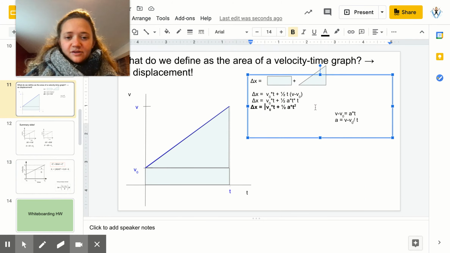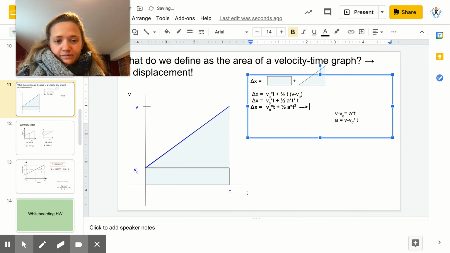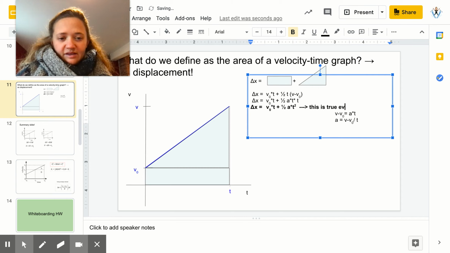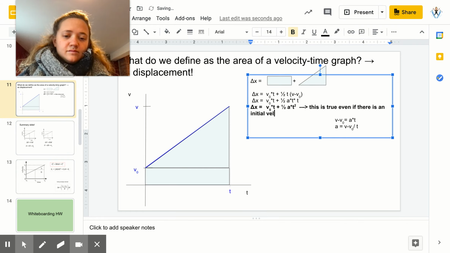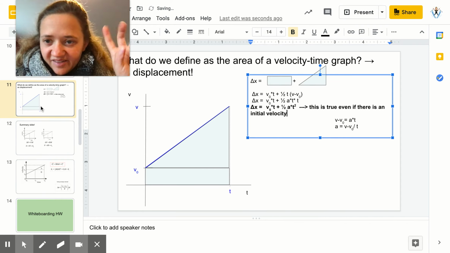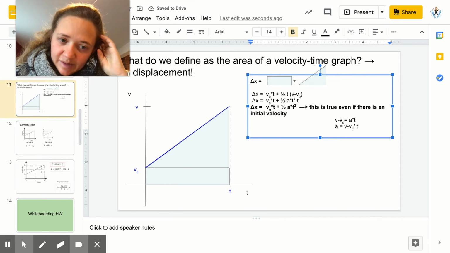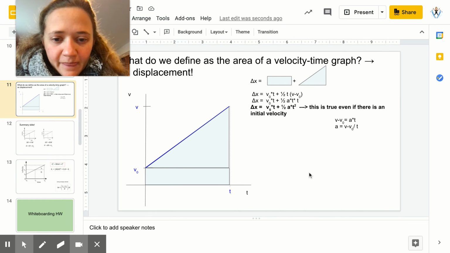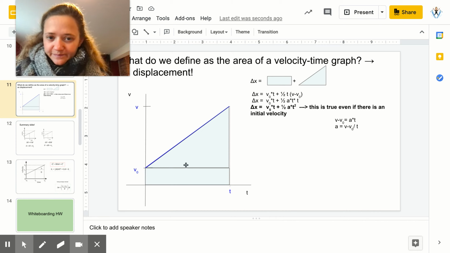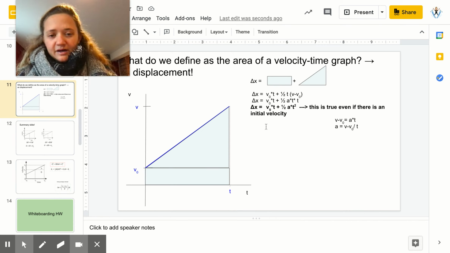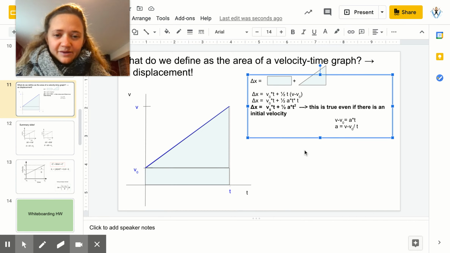So this equation is true even if there is an initial velocity. Before, we had the caveat that it was only true if there was no initial velocity. Okay, so that's one way to find this displacement, but there is another way.